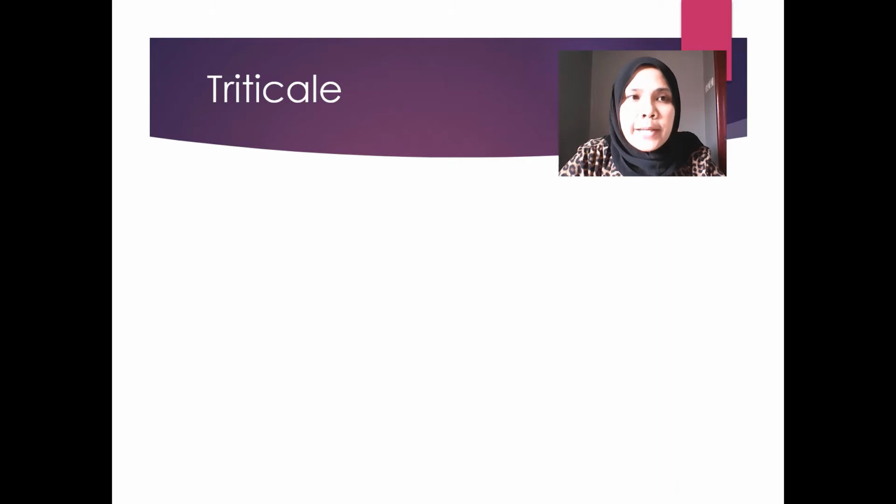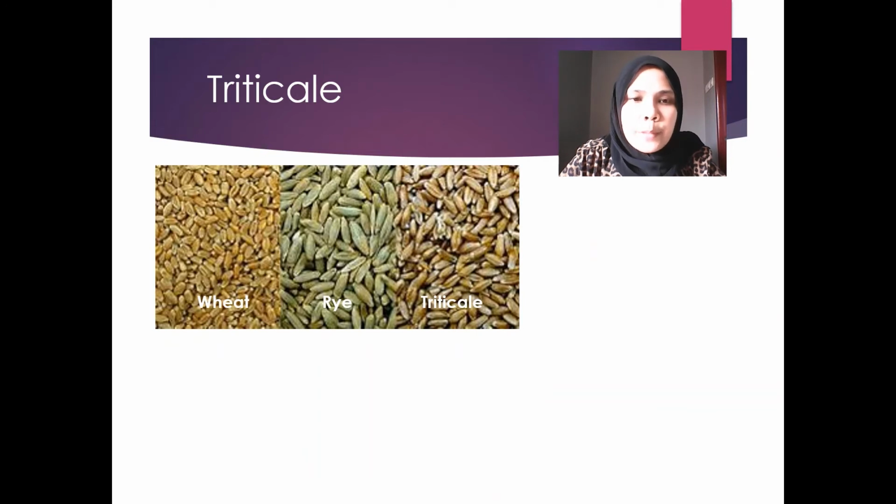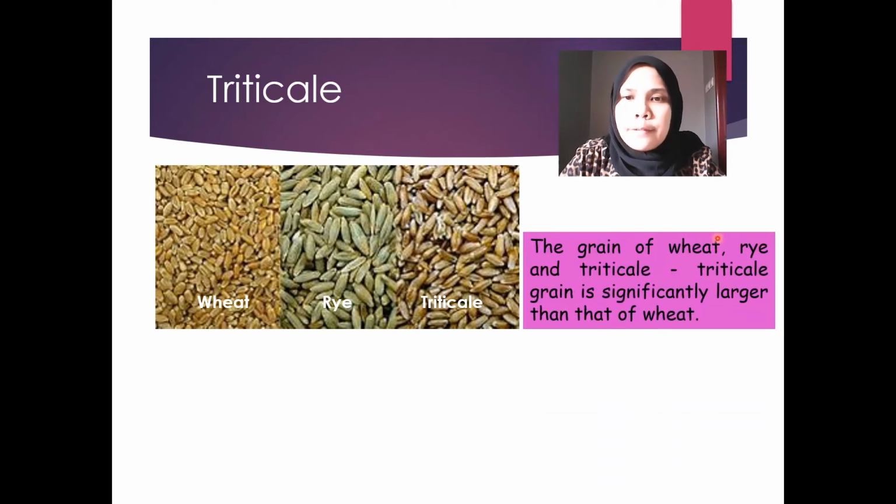This is an example of a hybrid plant, the triticale. It comes from wheat and rye, and it produces triticale with a combination of these two. The grain of wheat, rye, and triticale: triticale grain is significantly larger than that of wheat.